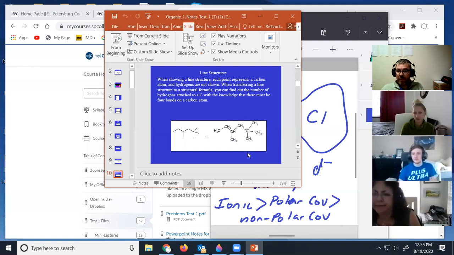So you're putting C's on every single point, and the bonds are the lines, right? Yes. So you're writing CH2, but wouldn't there be bonds between the C and the other H's? I've shortened those out. I haven't shown those. I've just put CH2 there to show that there are 2 hydrogens.